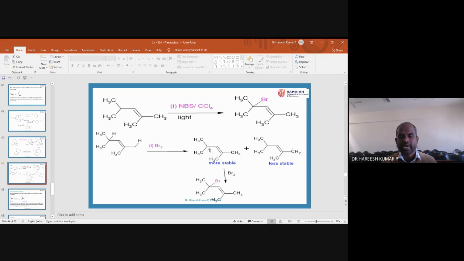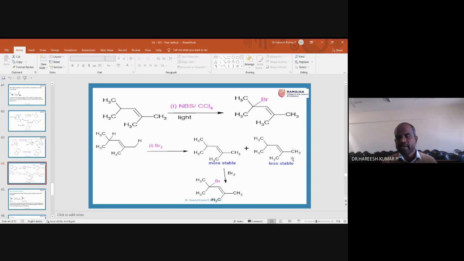Suppose you also observe that this other carbon is also an allylic carbon, and the proton attached to it undergoes homolytic cleavage, then the radical obtained is a primary radical. So if there is homolytic cleavage here, a tertiary radical is obtained; if there is homolytic cleavage here, a primary radical is obtained.